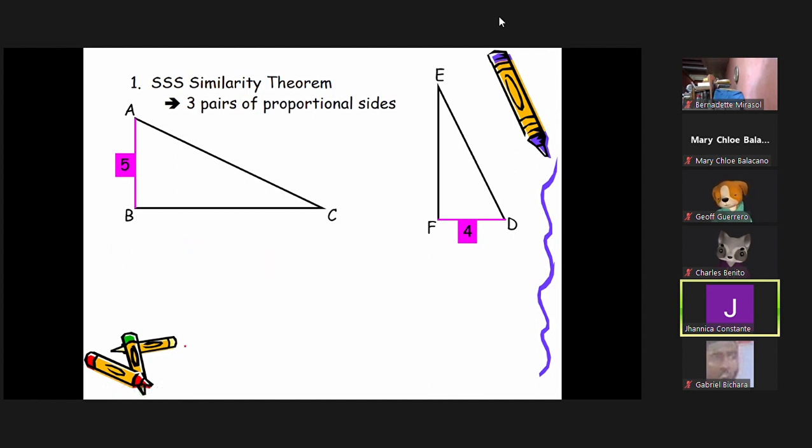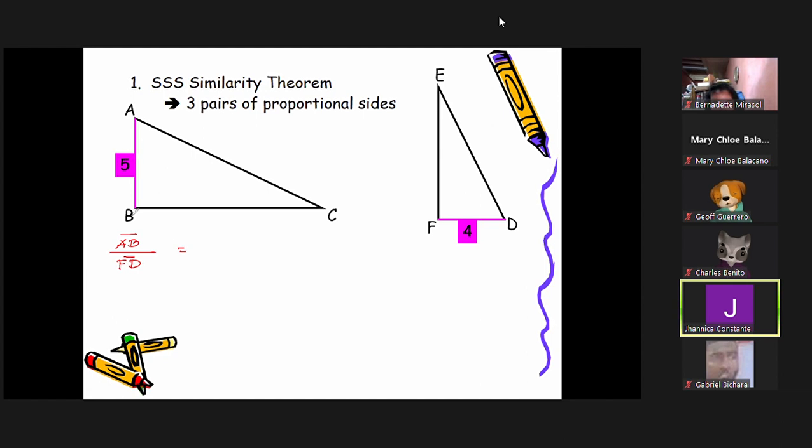Since these two sides of the triangles are corresponding parts and they don't have the same measurement, for us to prove that triangle ABC and triangle EFD are congruent, we need to get the proportion of each corresponding side of our triangles. So side AB is proportional to side FD. Okay.